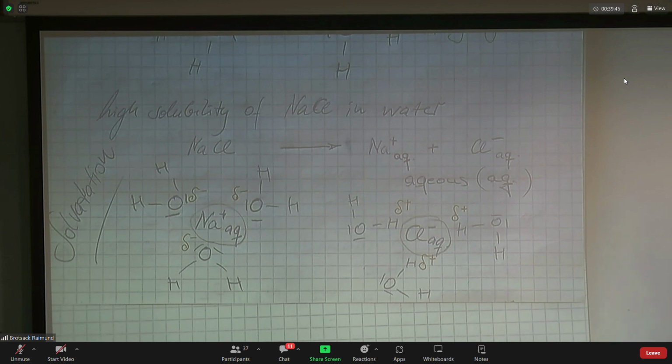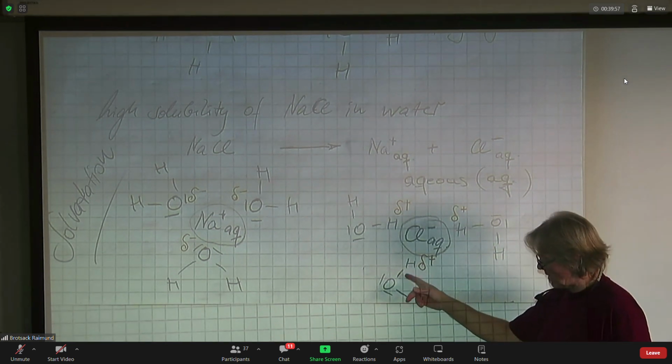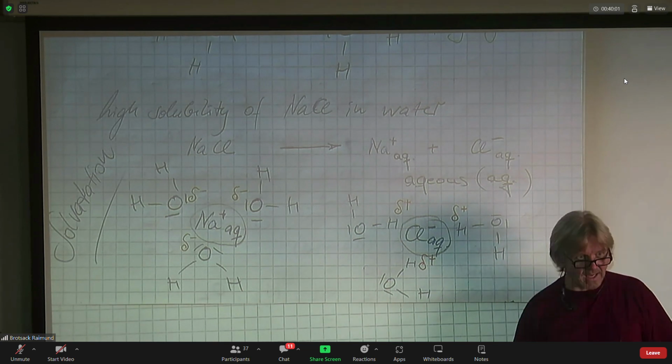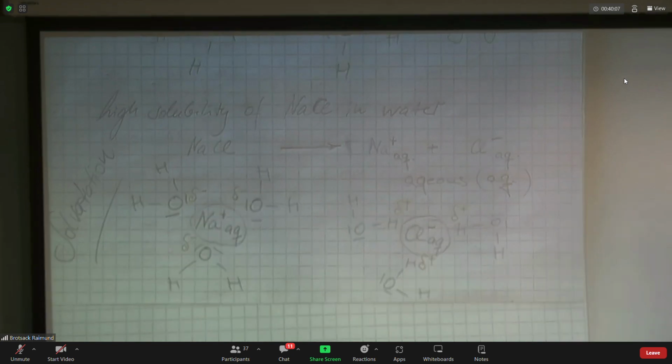There was a question here? No? Okay. And vice versa, the same for the chloride. Here, of course, the positive part of the water molecule is oriented to the negative chloride ions and stabilizes these negative ions. And that's the reason for this high solubility of common salt in water.